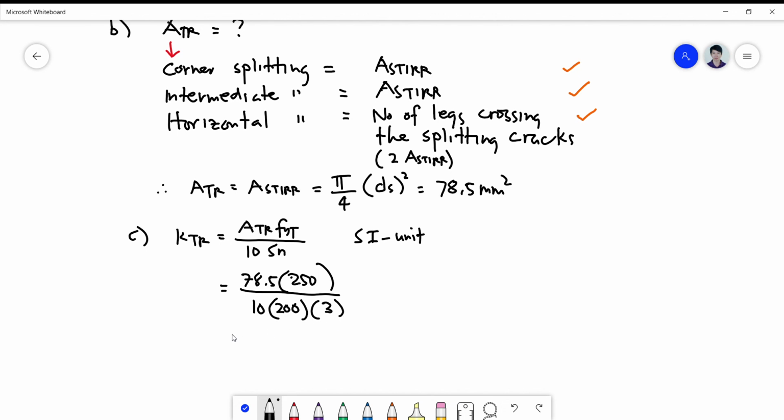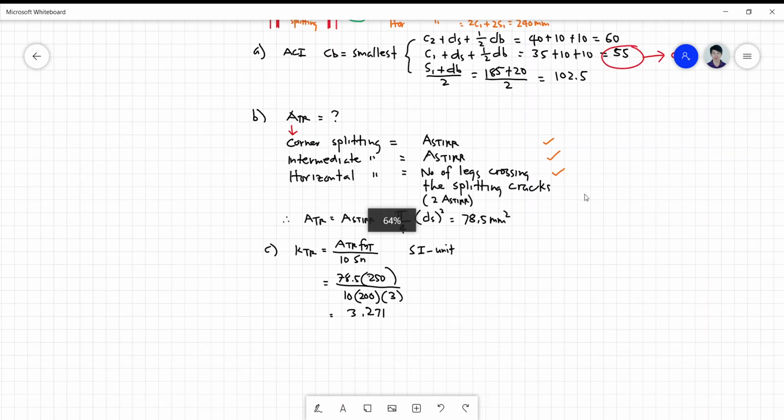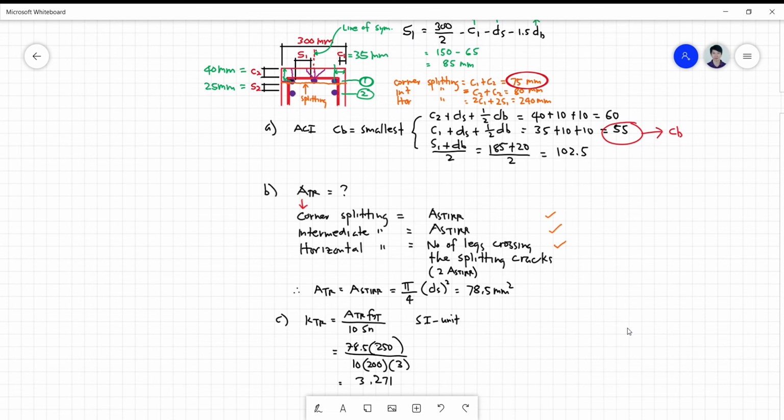Okay, so computing this, we will arrive at 78.5 times 250 divided by 10 times 200 times 3. Okay, so this is 3.20271. Okay, and that is the last requirement that we ought to solve for this particular problem.